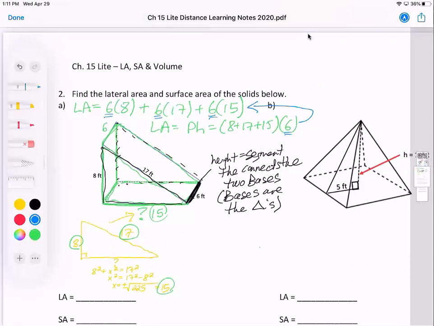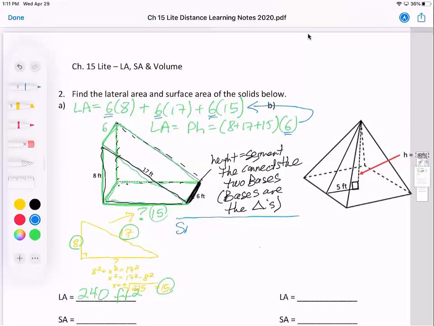So our lateral area would be 6 times the sum of 8 plus 17 plus 15, which is 240. 240 is our lateral area of the prism, and the units are feet, so this is an area, so square feet.